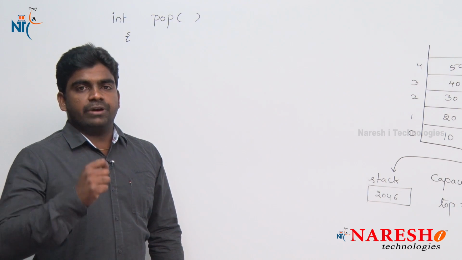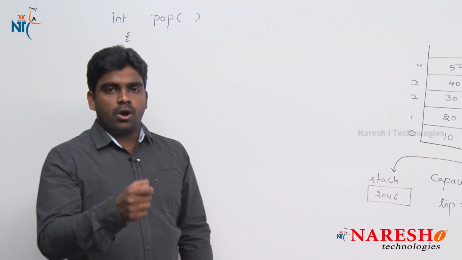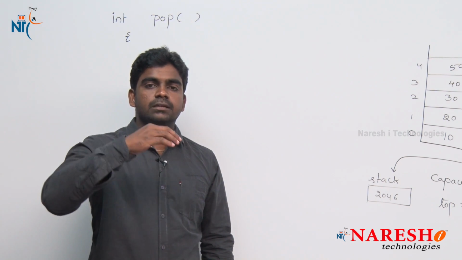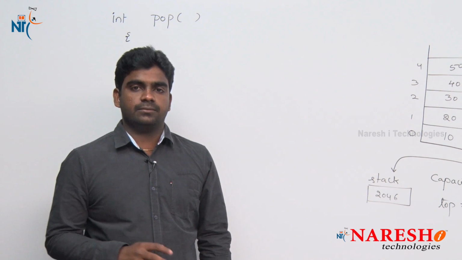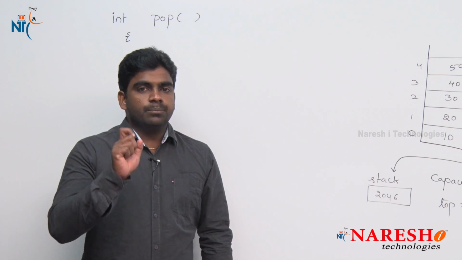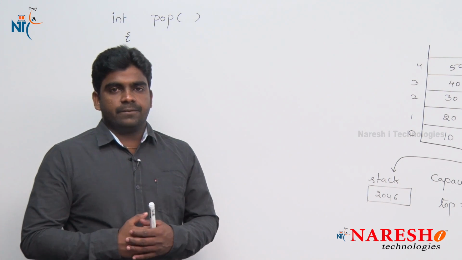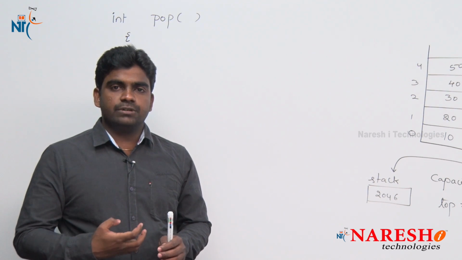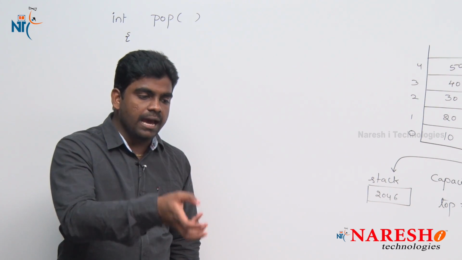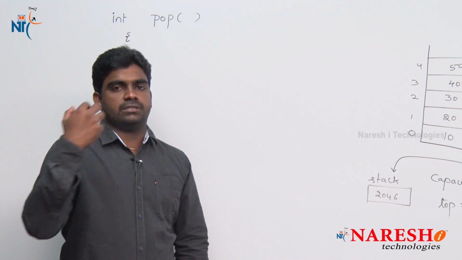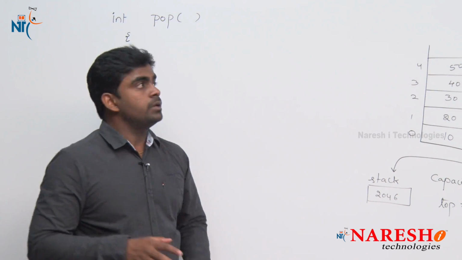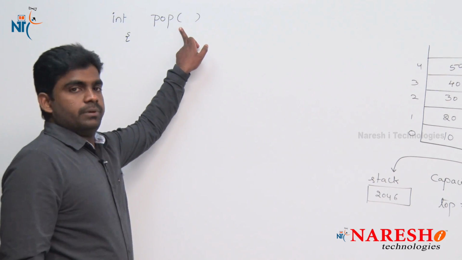Whenever you call the pop method, it always deletes the top element of the stack. We cannot delete a particular element from the stack, because it is always last in, first out: what you inserted last will come out first. Simple. So that we have to pop.